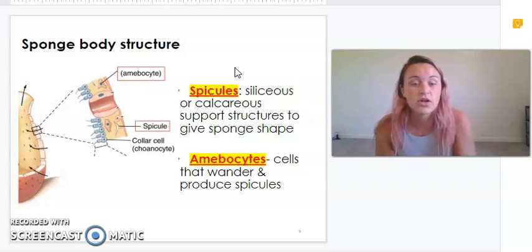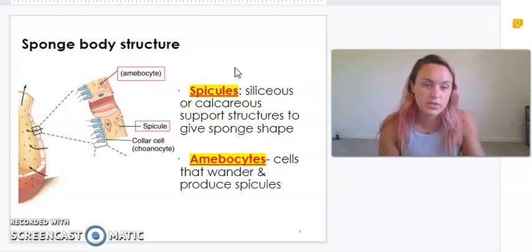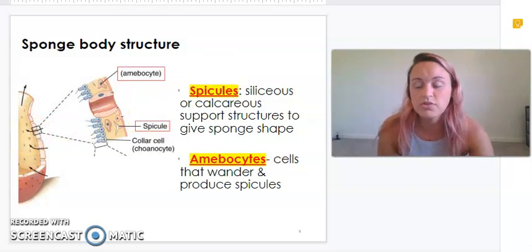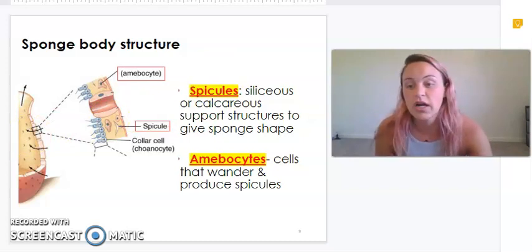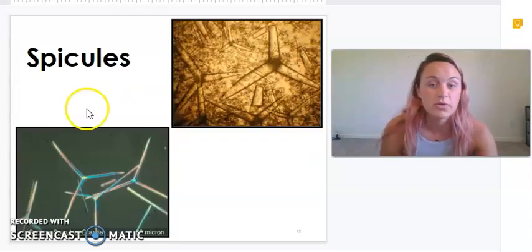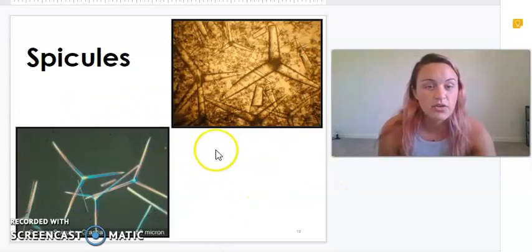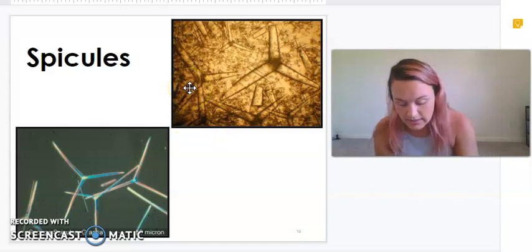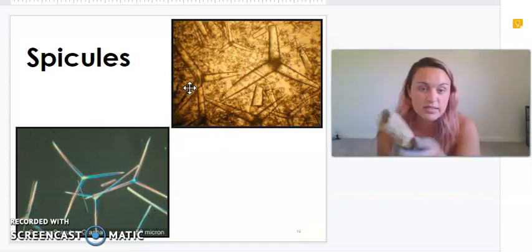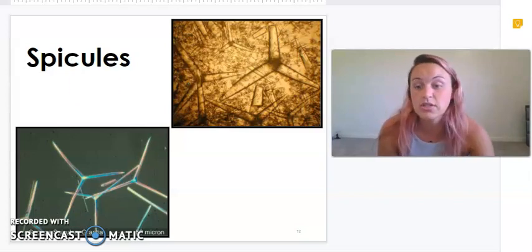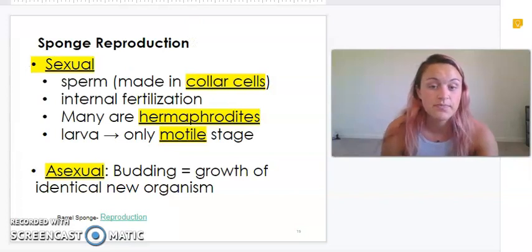And then amoebocytes are the cells that actually produce the spicules. So spicules give it its shape, and amoebocytes are producing those spicules. This is what they look like. They look almost like little ninja stars, and they basically line the entire body of the sponge, and that's what gives it its form and its shape. So either siliceous or calcareous for those particular organisms.